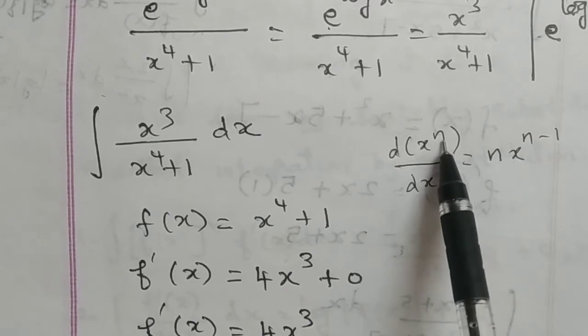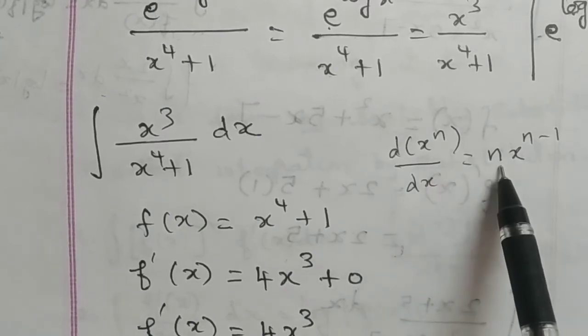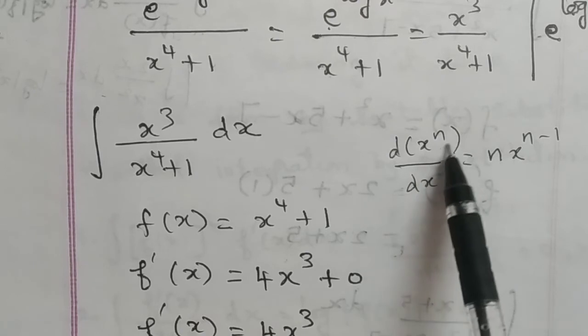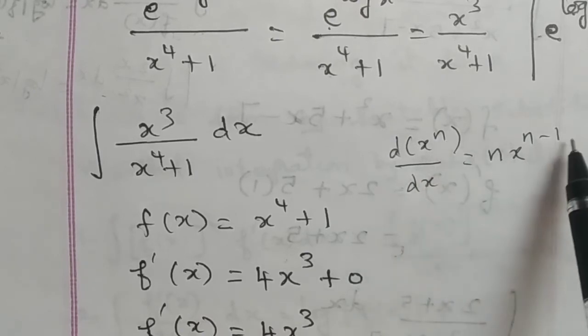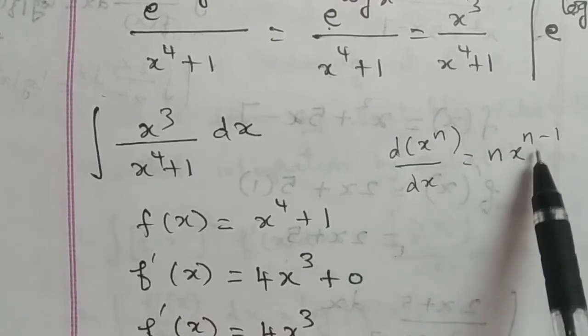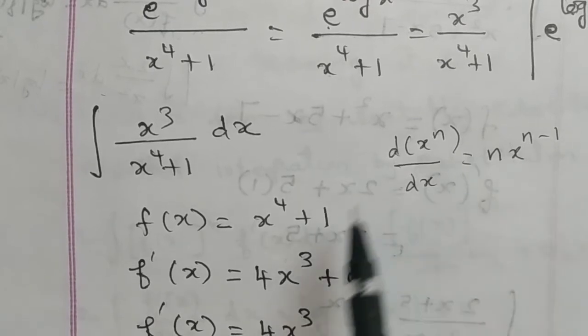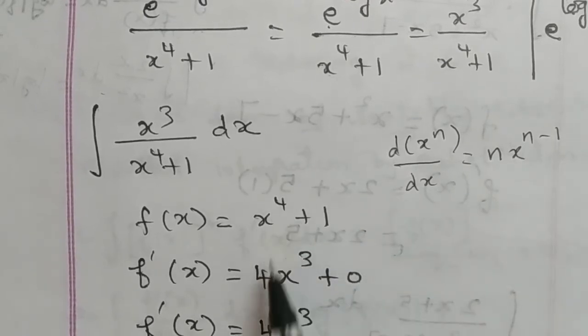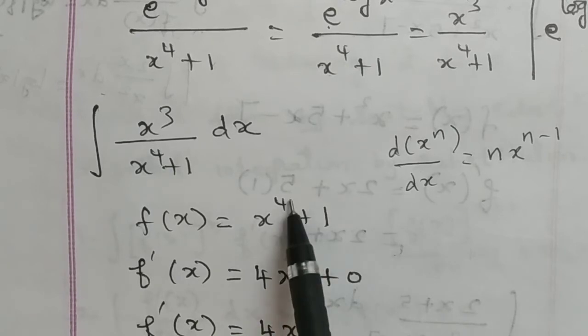What is the power here? Write the power value in front, n, x power, and reduce 1 from the power, n minus 1. Here x power 4 means write the power in front, 4, x power 4 minus 1, which is 3.